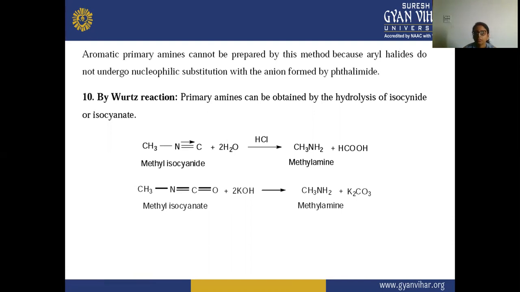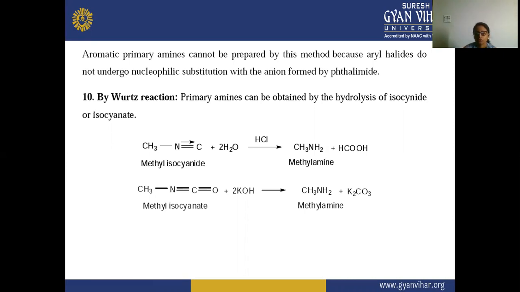So by the Hofmann isocyanide reaction, primary amines can be obtained, or these can also be obtained by the hydrolysis of isocyanide. From the isocyanide, the primary amine is formed, and from the methyl isocyanide this methyl amine is formed, and this whole reaction is known as the carbylamine reaction.